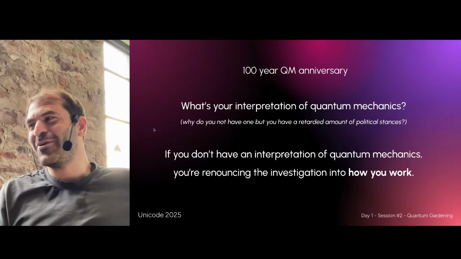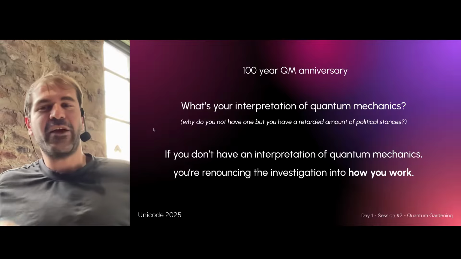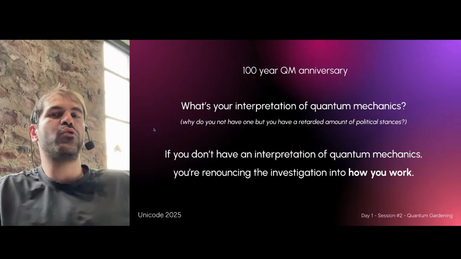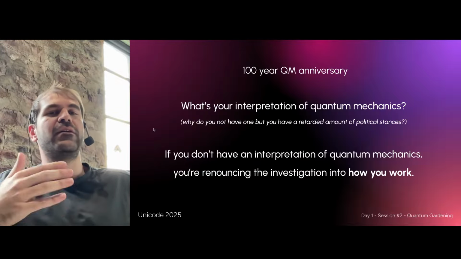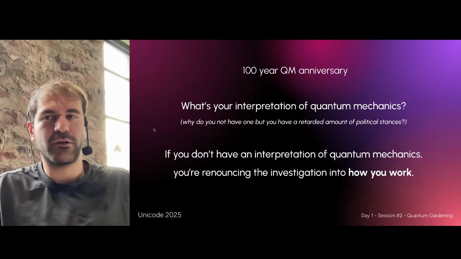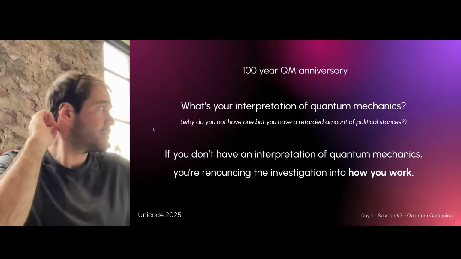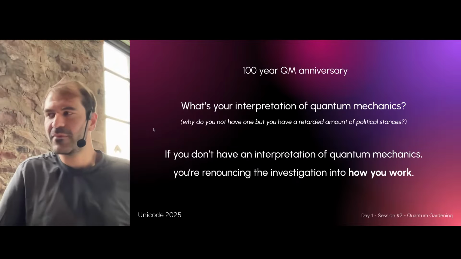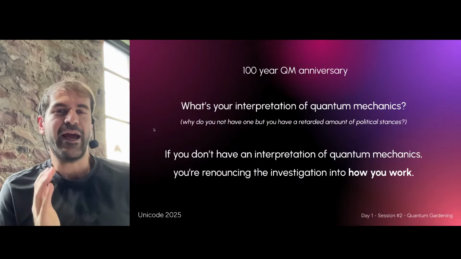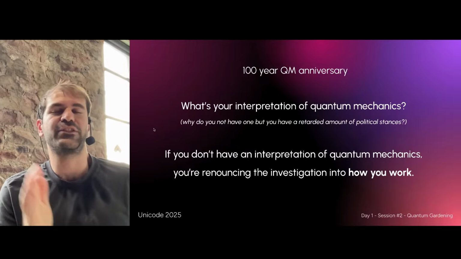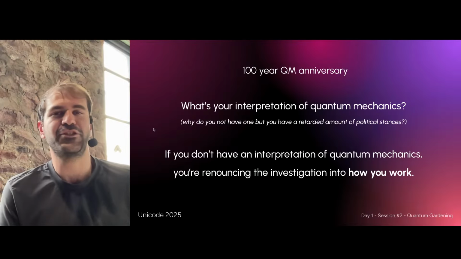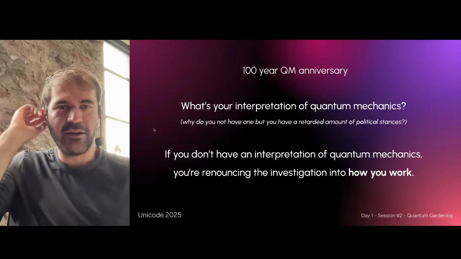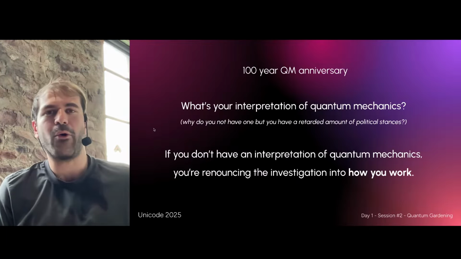If you read that next part, it says, if you don't have an interpretation of quantum mechanics, you are renouncing the investigation into how you work. So you're basically saying that I don't care about how I work.